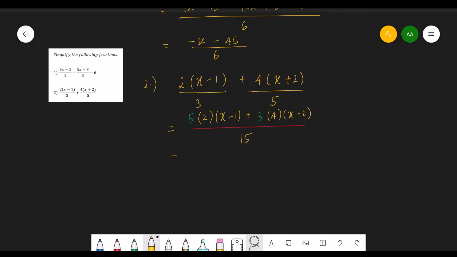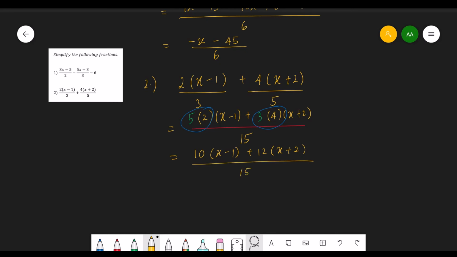What I suggest is that we simplify the numbers first, between 5 and 2, and then between 3 and 4. We simplify these two first, then we simplify the rest. This will give us 10 times (x minus 1) plus 12 times (x plus 2) here.